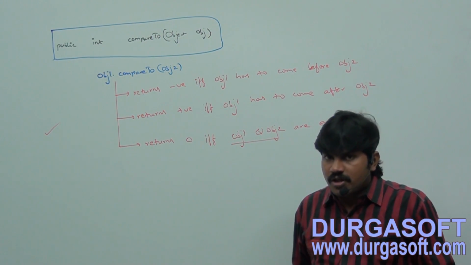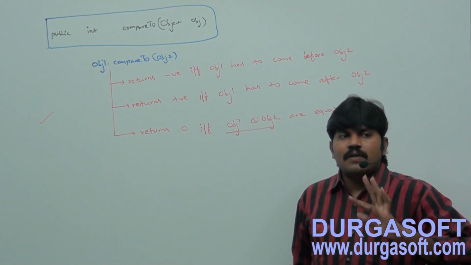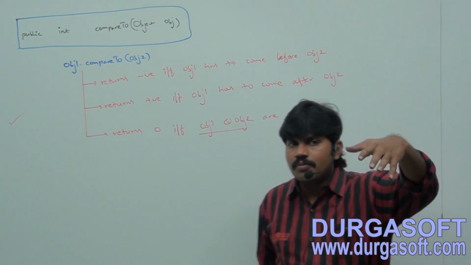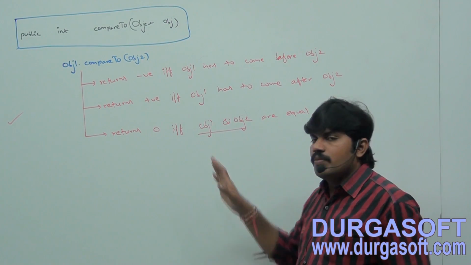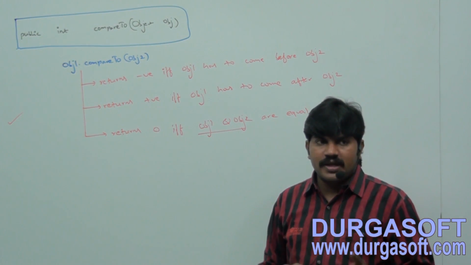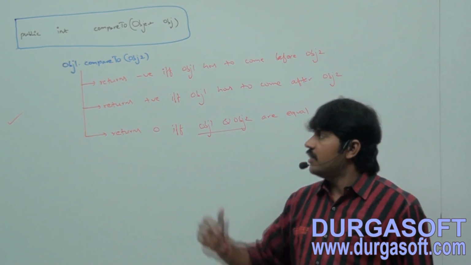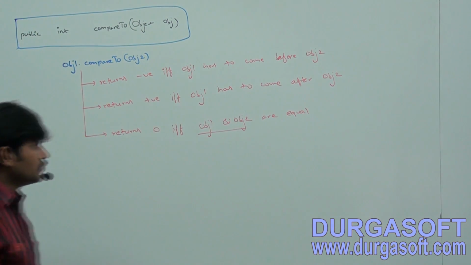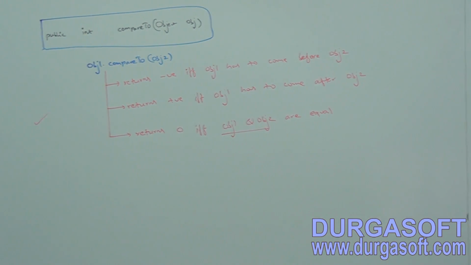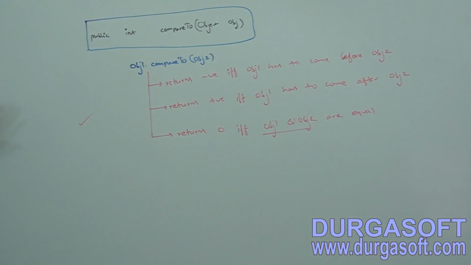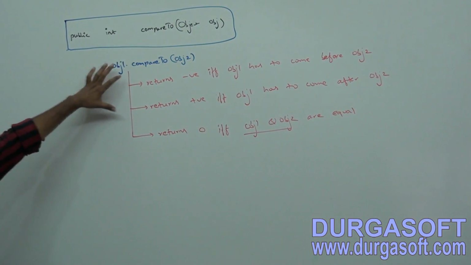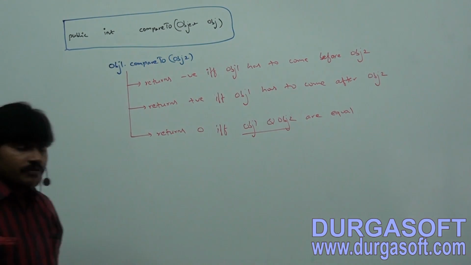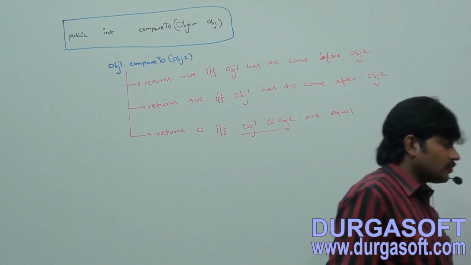Returns positive: obj1 should come after obj2. Returns 0: obj1 and obj2 are equal, duplicate, don't insert. Take the syntax followed by this total thing. Very important part.